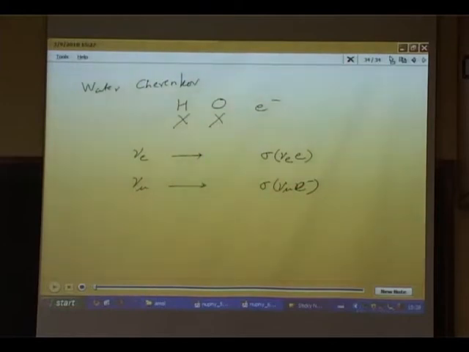So if you get a mixture of ν_e and ν_μ, then your total number of events is your flux of ν_e times the cross section of ν_e electron, plus flux of ν_μ times the cross section of ν_μ electron, plus flux of ν_τ times the cross section of ν_τ.